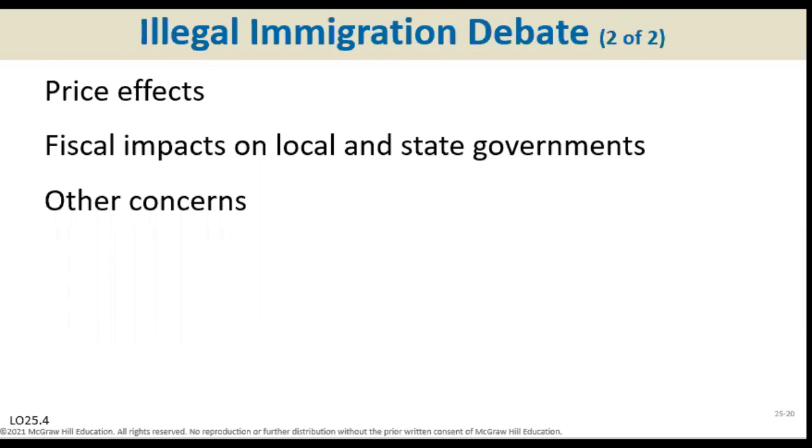Right. So again, the idea is that illegal immigration has a link or correlation with higher crime. Those are the critics who pointed out that there's an increase in criminal activity.